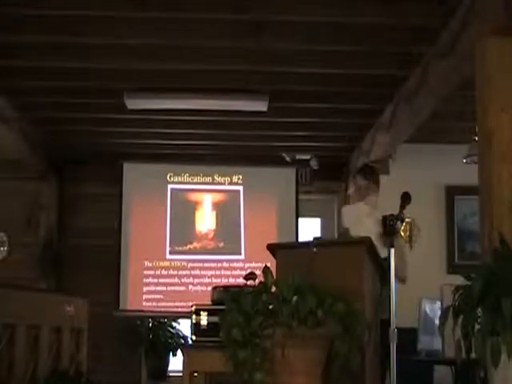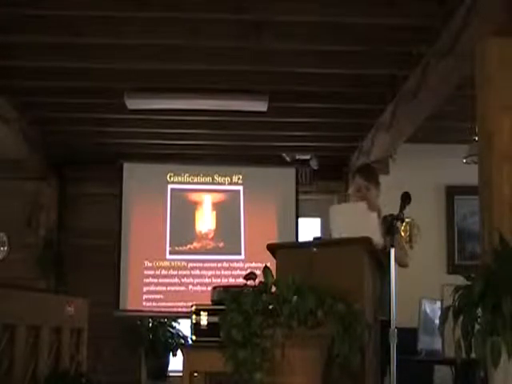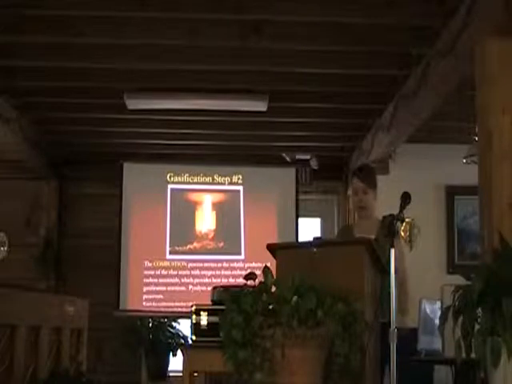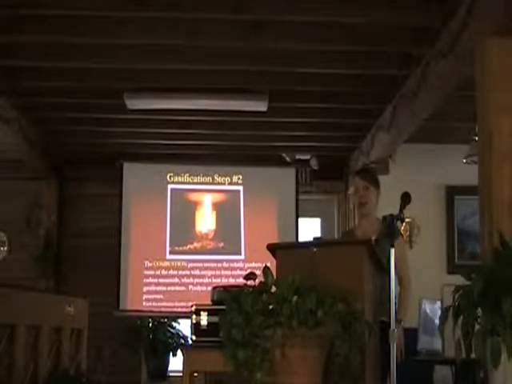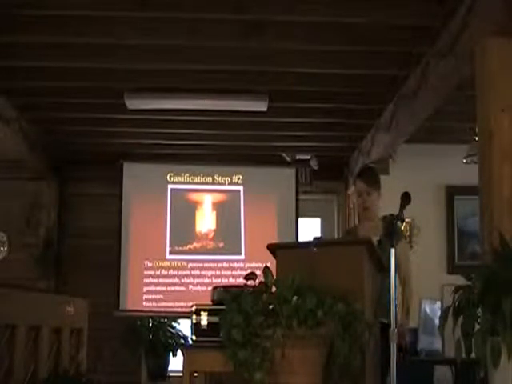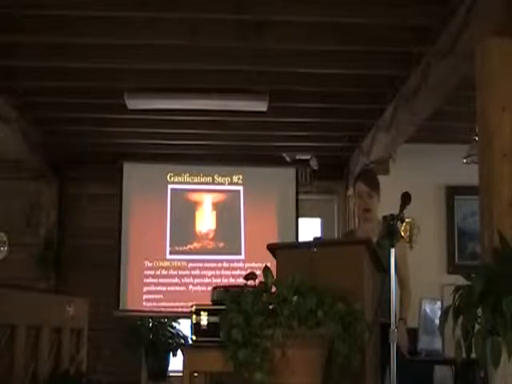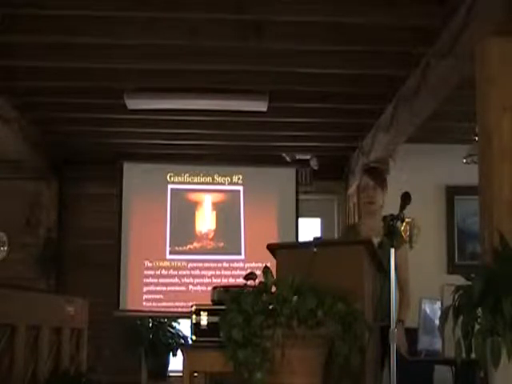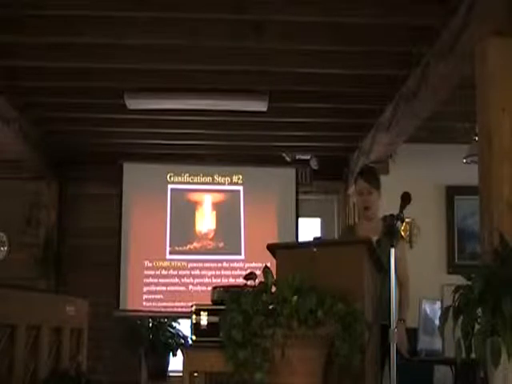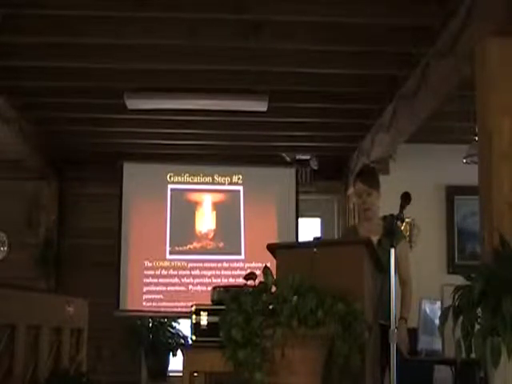The second gasification step is the combustion process, which occurs as the volatile products and some of the charcoal reacts with the oxygen to form carbon dioxide and carbon monoxide, which provides heat for the subsequent gasification reactions. Pyrolysis and combustion are very rapid processes. And this is a very important point when you're comparing boilers with barrel stoves.